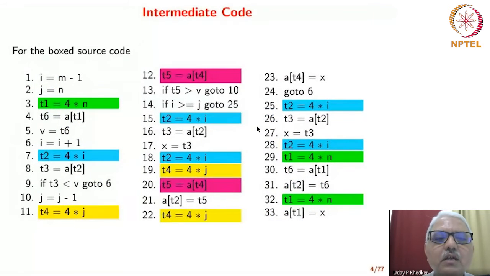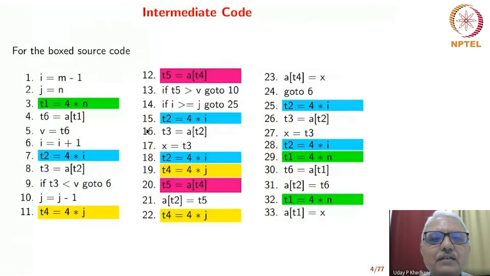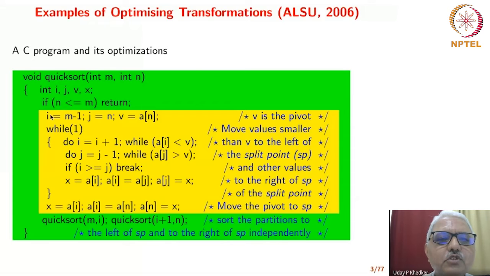So we're talking about a high-level program in C, and then we're talking about a compiler representing it in an intermediate form called 3-address code, where we have at most 3 variables involved in any assignment. And you can see that we have this i = m - 1, which corresponds to this assignment i = m - 1.